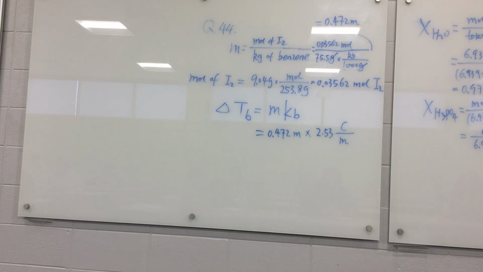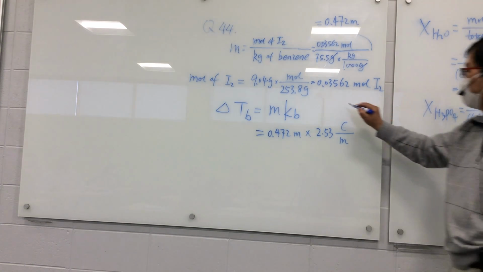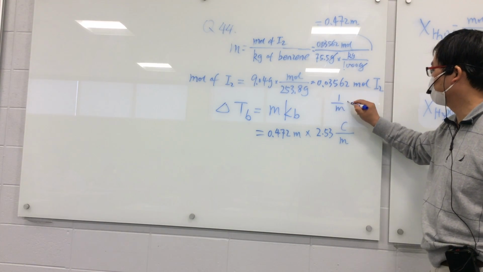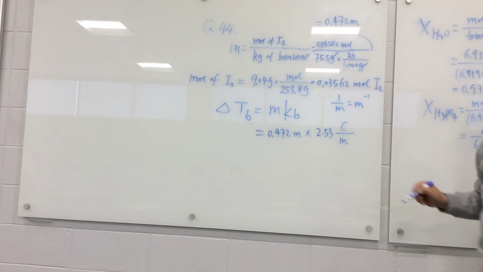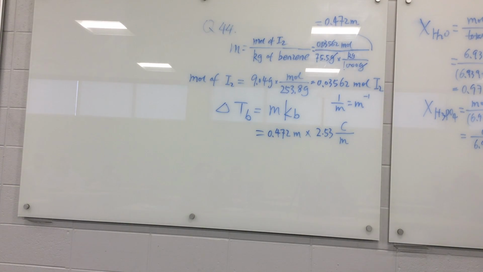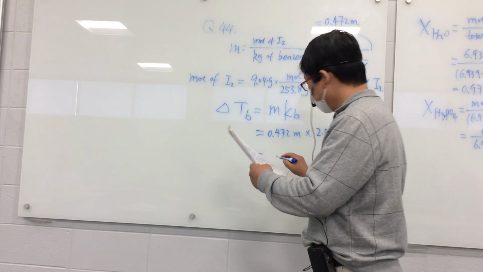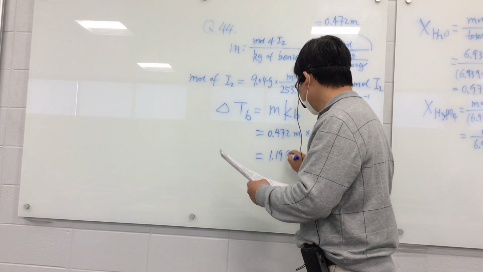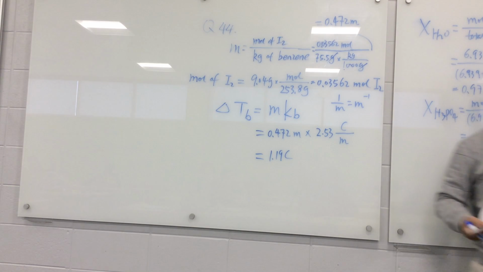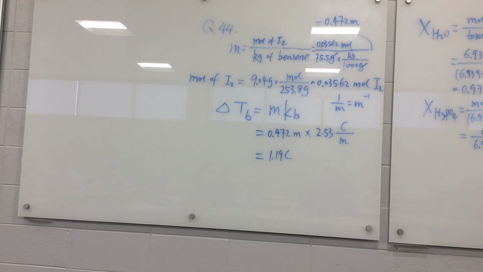You see that 1 divided by m equals m to the minus 1 power. Then this equals how much? 1.19 degrees Celsius. You see, it increased the boiling point by 1.19 degrees Celsius.